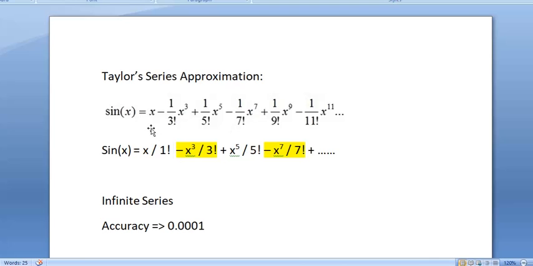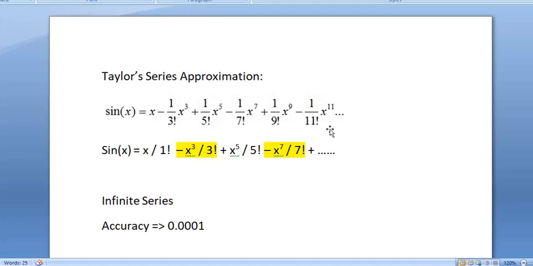And also the denominator: first we have 1 factorial, then 3, 5, 7, 9. So even the denominator is an odd number factorial, right? So we got x to the power of all odd numbers, and the denominator factorial is an odd number factorial.